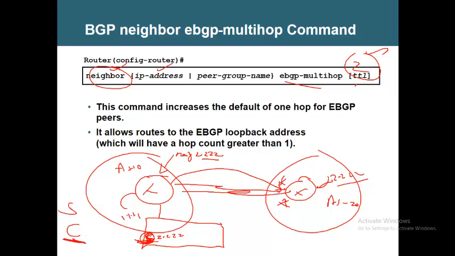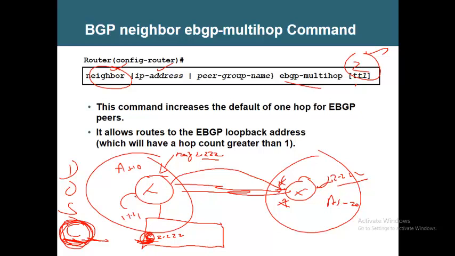It can be S, it can be O, it can be D, it can be anything, but it's not going to be C. Usually for EBGP, the neighbor needs to be connected in the routing table. Got it?